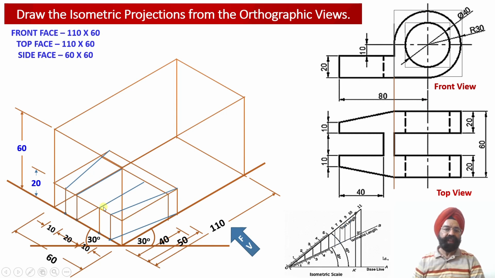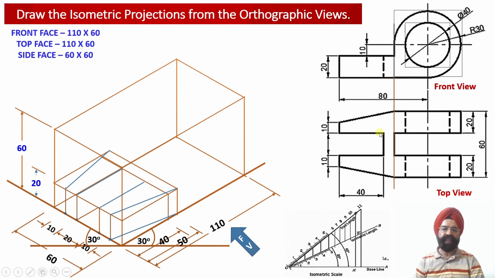So now this surface and this surface are parallel to the outer surface. So this is an isometric projector line measuring 40 millimeter, and this is also an isometric projector line measuring 40 millimeter.